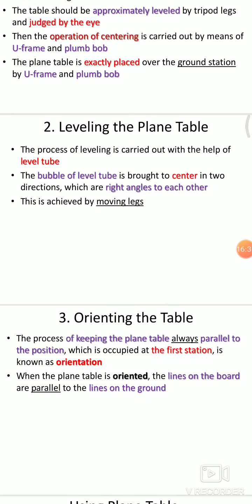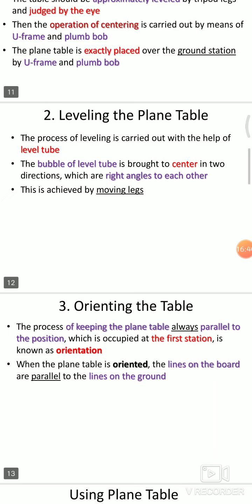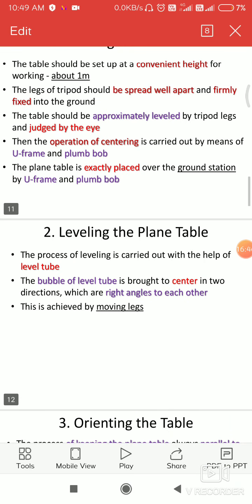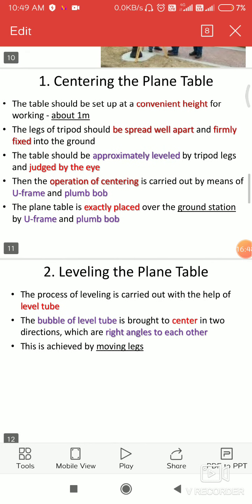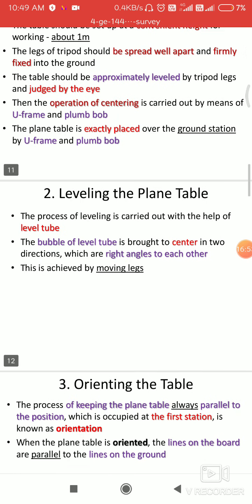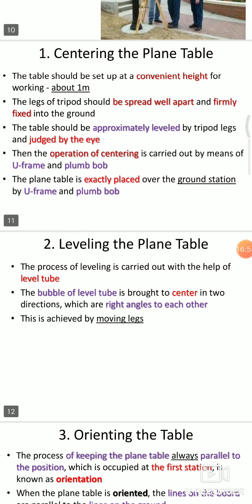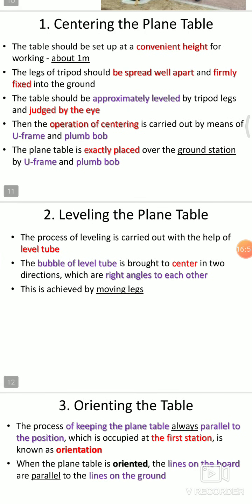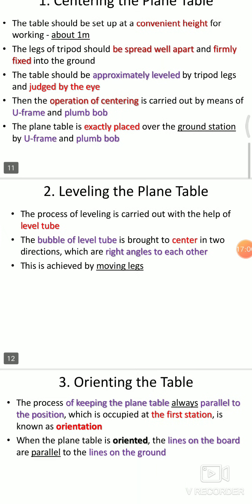In this second step, we use the spirit level for exact leveling of the plane table. The bubble of the level is brought to the center in two directions at right angles to each other. In leveling, the spirit level is kept at the four corners of the drawing board.